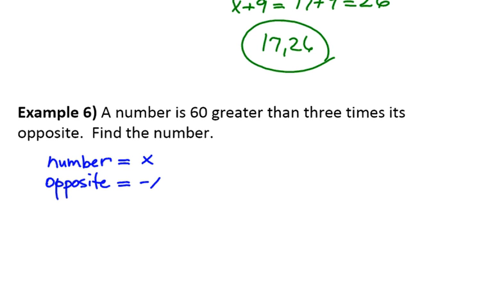So this is the negative of x. So we have a number, which is x, equals 60 greater than, so 60 plus 3 times its opposite, and its opposite is negative x.